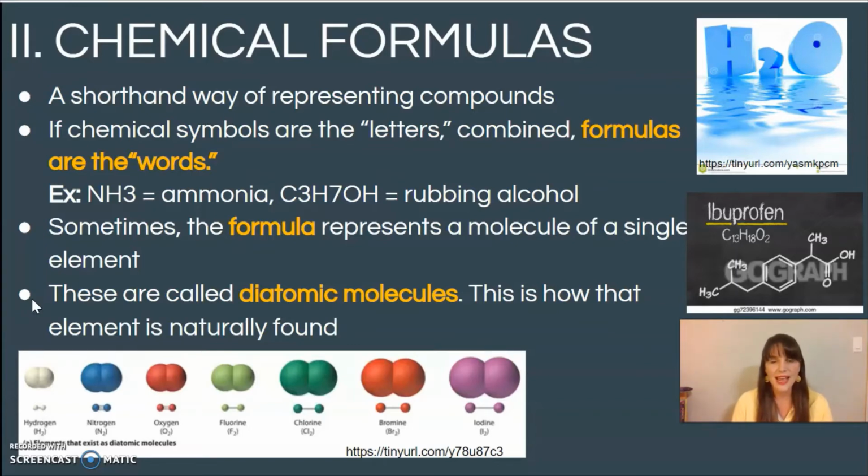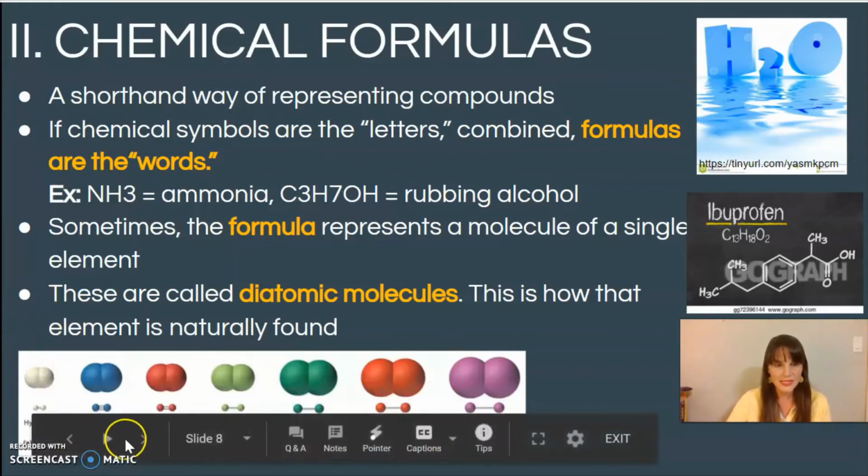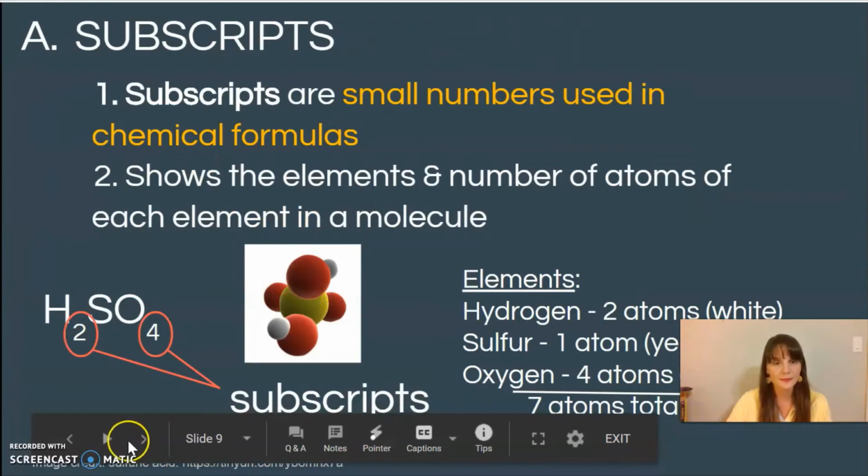All of these naturally occur as diatomic molecules. So O2 is oxygen. Single atoms of oxygen don't float around by themselves. They combine with another atom of oxygen when they are on their own. So that's what diatomic molecules are.